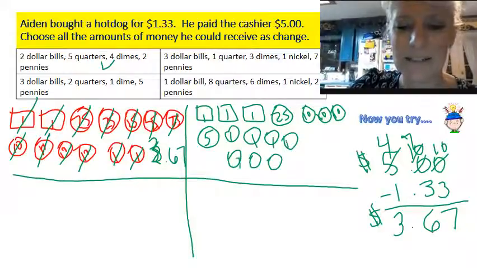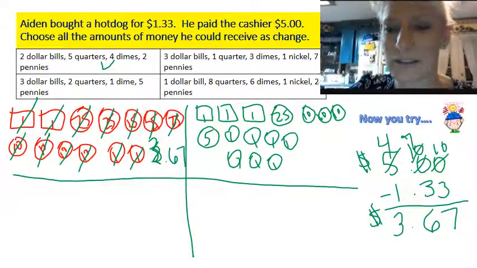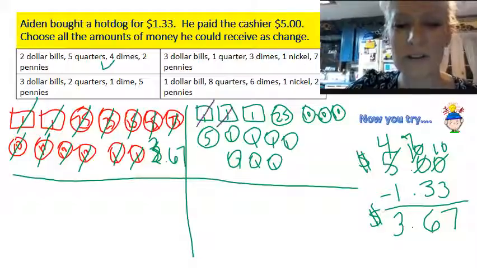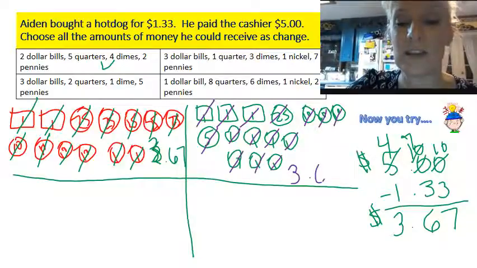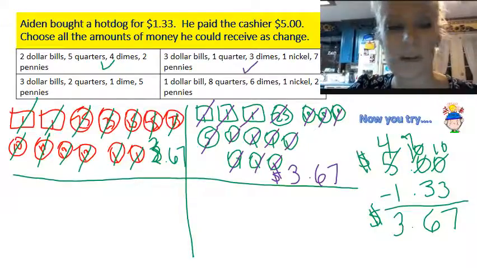All right, I'm writing kind of quick now. We have $1, $2, $3. Maybe I better put that down. $3, 25, 35, 45, 55, 60, 61, 62, 63, 64, 65, 66, 67. $3.67. That makes this one correct as well.